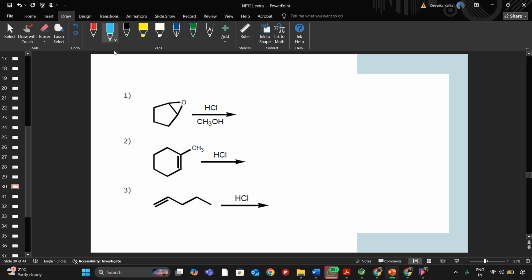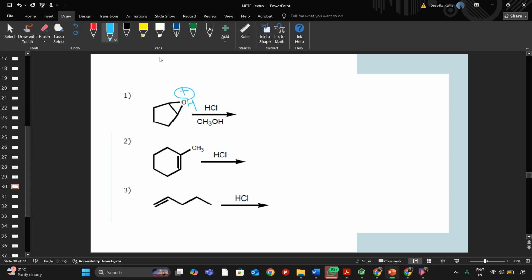In the next question, we have acid given. At first oxonium formation is going to take place, and then the methanol is going to attack after the oxonium gets opened up, and we will get this product and its enantiomer. The methanol is going to attack from the opposite face of the epoxide.